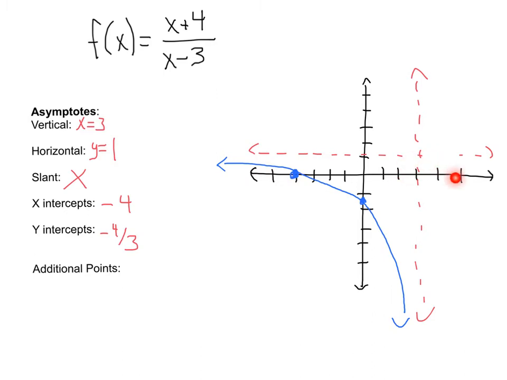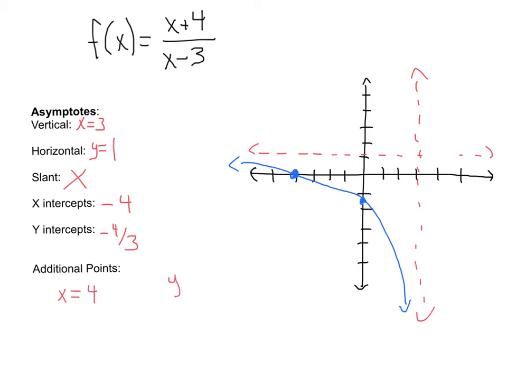On this side of the graph, though, on the right side of our vertical asymptote, we don't know whether the graph is going to go like this or whether the graph is going to go like this. So, in order to find that, we definitely need to pick a point on the right side of the graph. I'm going to go ahead and pick x equals 4 since I see that 4 is on the right side of our vertical asymptote.